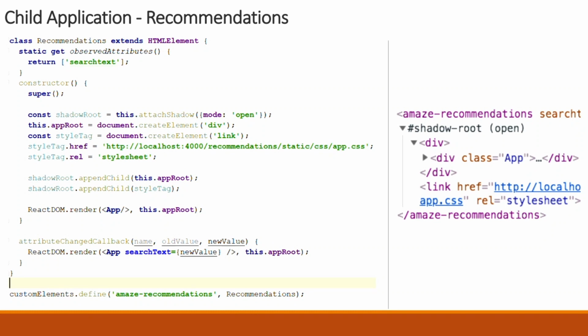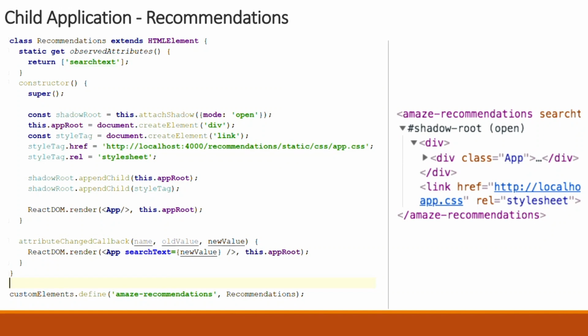So this is the child application for recommendations you have seen on the right hand side. Normally your React application will have ReactDOM.render, and you are rendering the whole application inside a DOM container div element. Now we are going to wrap this inside a web component.